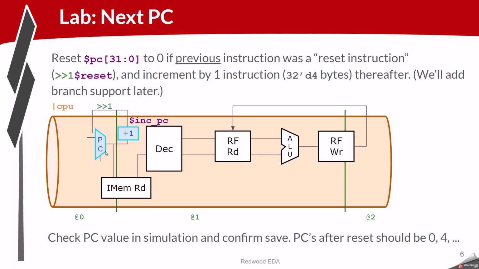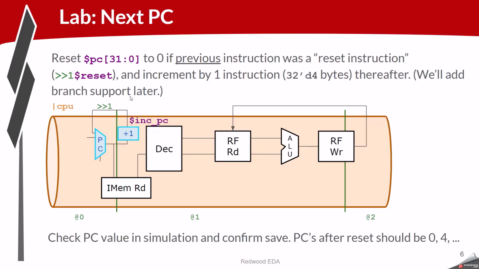Right, so that will then now include the first valid instruction in the pipeline, the first non-reset instruction. So again, we want to reset to 0 based on the previous instruction's reset, and that will reset to 0 for the first non-reset instruction of execution.